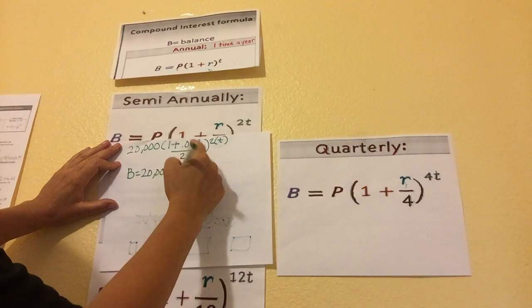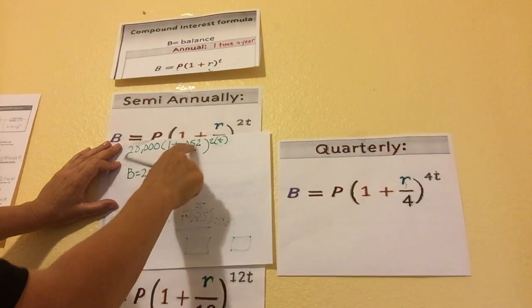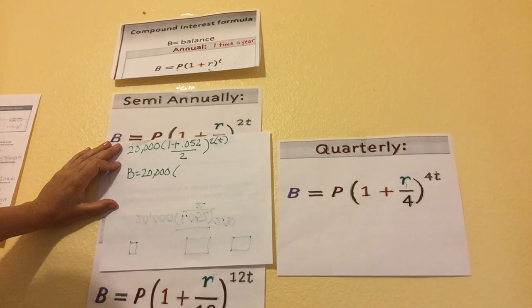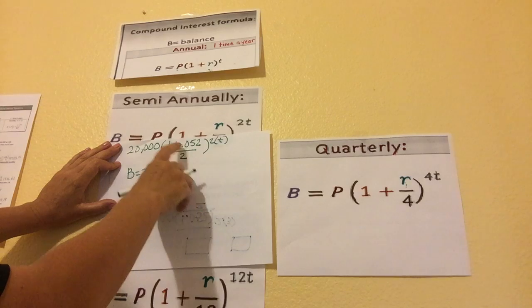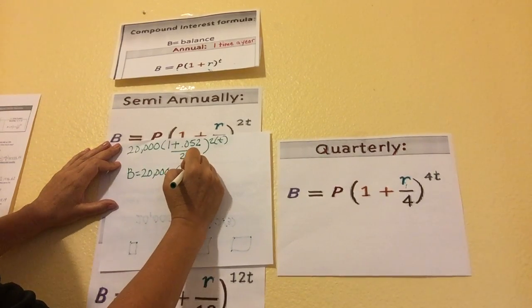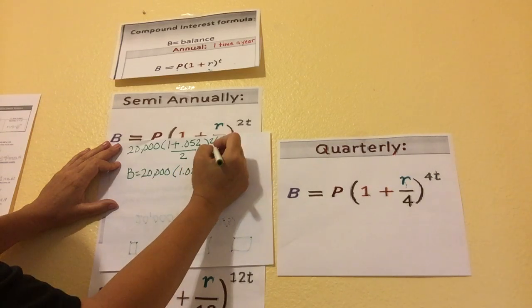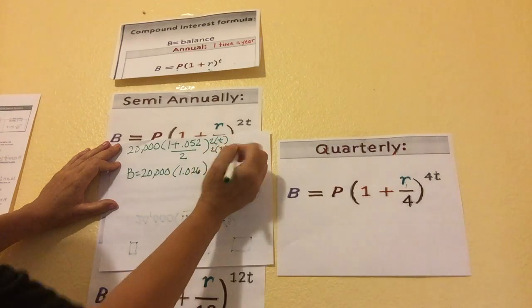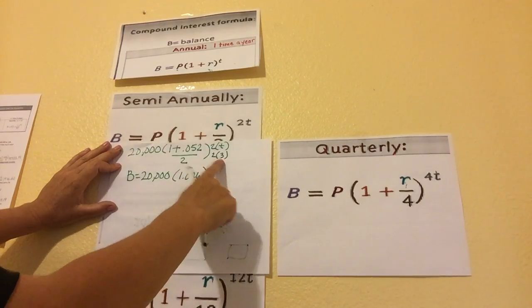combining this, right? So how do I do that? Do I divide this first or do I add first? We always do division first, okay? So I'm going to divide first. So I'm going to go 0.052 divided by 2 and then plus 1. Okay, so I'm going to get 1.026, and then this exponent, this is 2 because it's semi-annually, and 3, it's a 3-year investment.